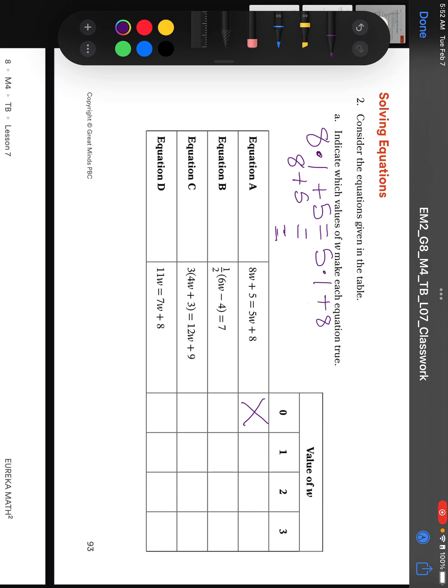So on the left, I'm left with 8 plus 5. 5 times 1 is 5. So I'm left with 5 plus 8 on the right. 8 plus 5 is 13. 5 plus 8 is 13. 13 does in fact equal 13. So the number 1 does make this equation true.